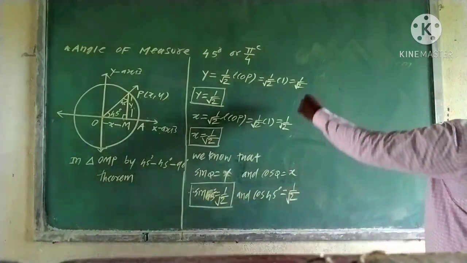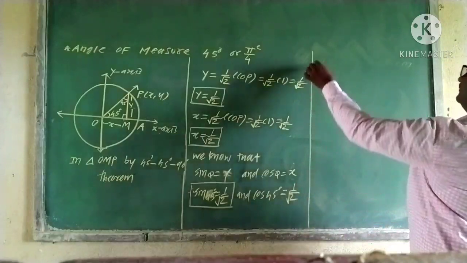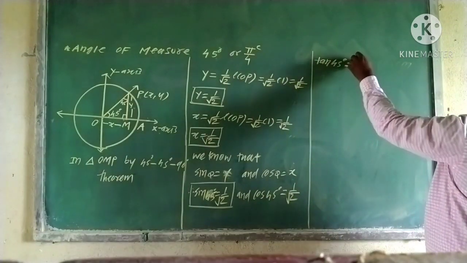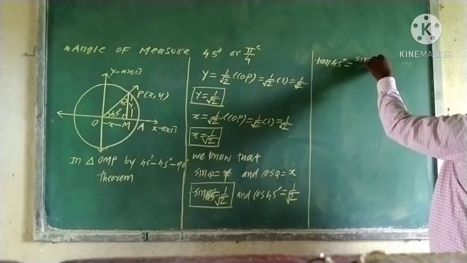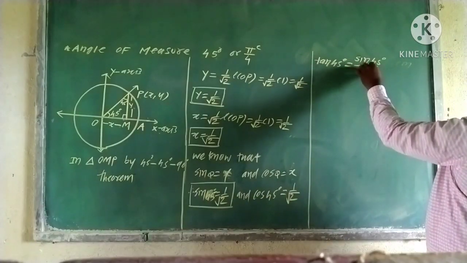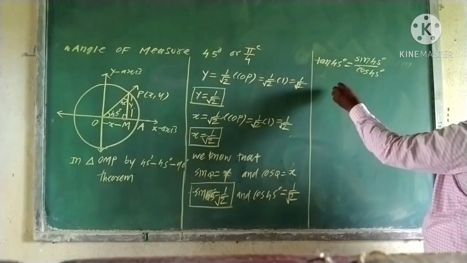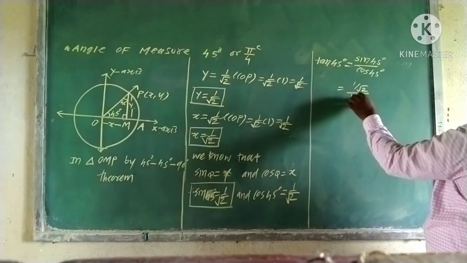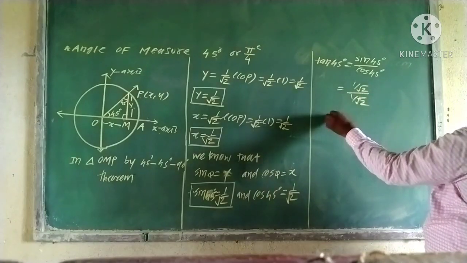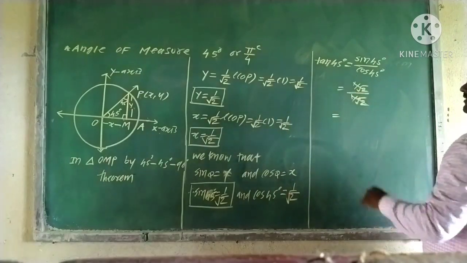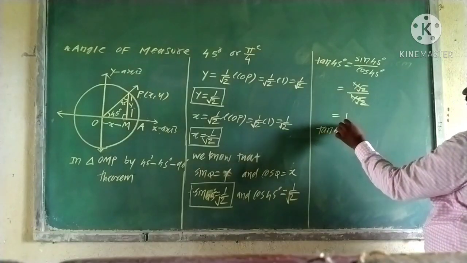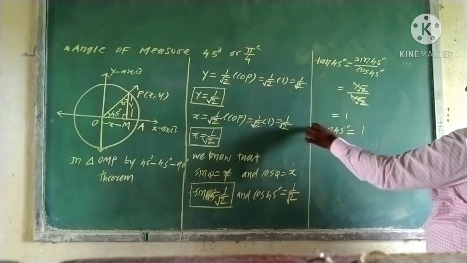Now tan of 45 is equal to sin of 45 divided by cos of 45, so that equals 1 upon square root 2 divided by 1 upon square root 2. Now these get cancelled and the remaining is 1, so tan of 45 equals 1.